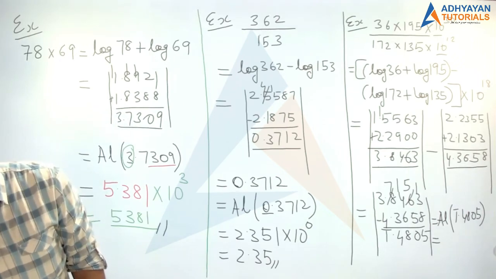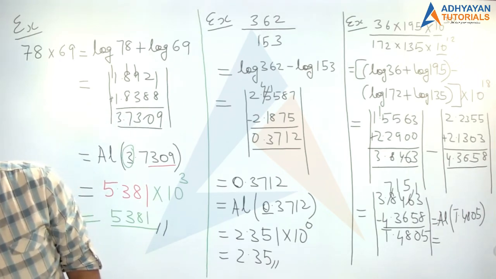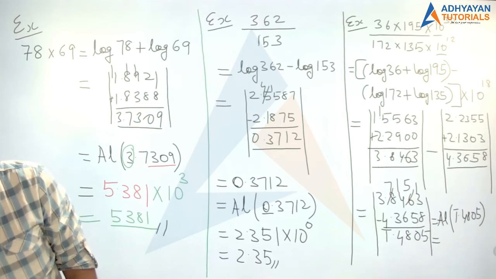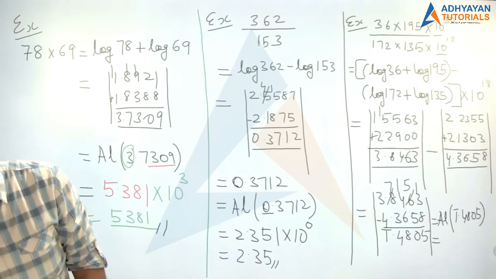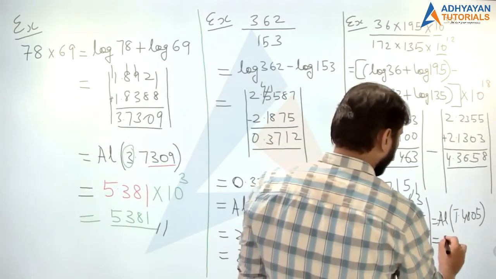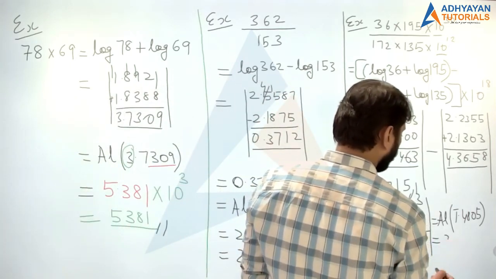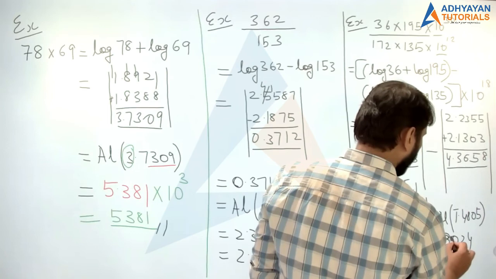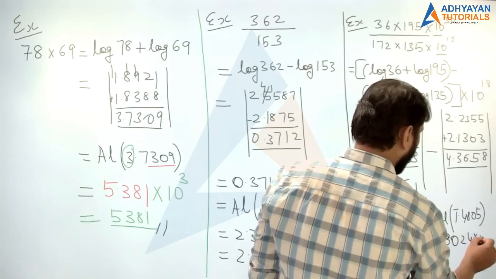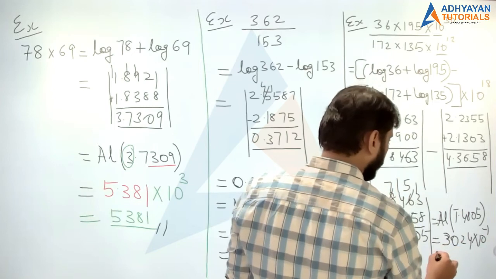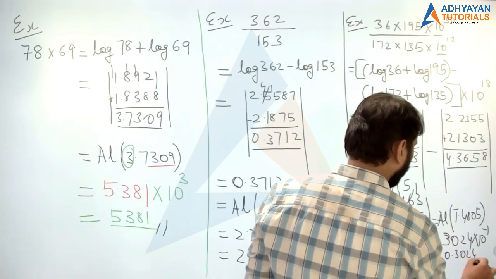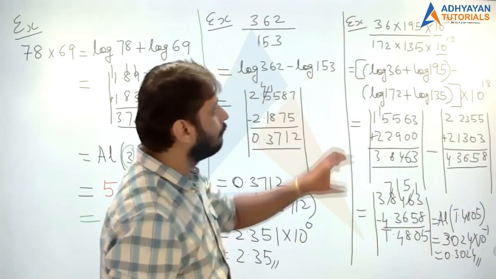So the 0 value is 3020 and the fifth value is 4. So 3024. Then the decimal, 10 raised to bar 1 means minus 1. So the final answer is 0.3024. This is my final answer of this calculation.